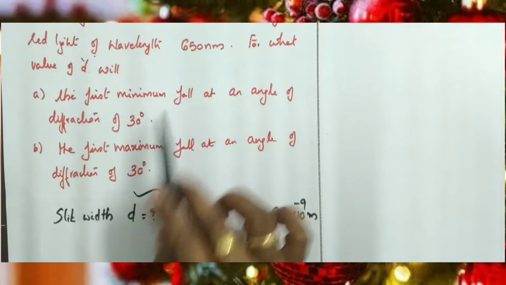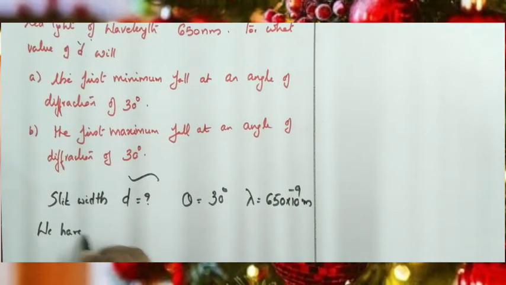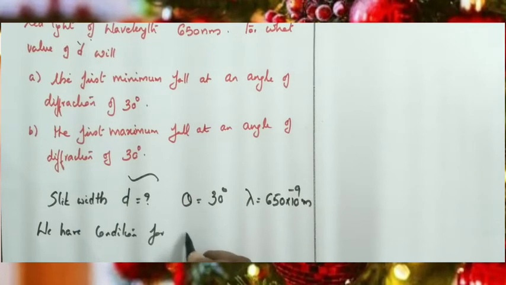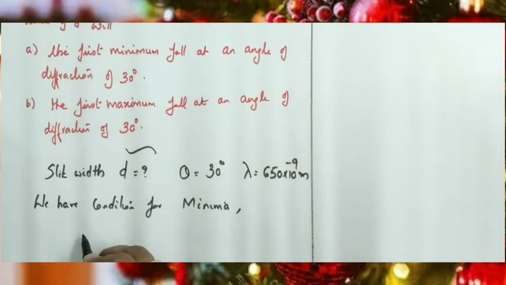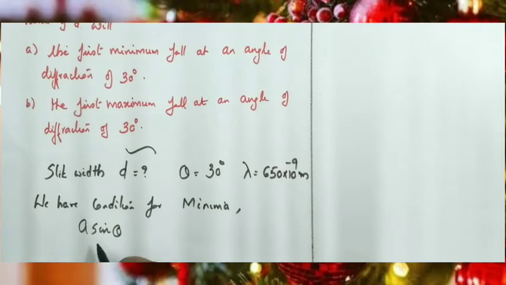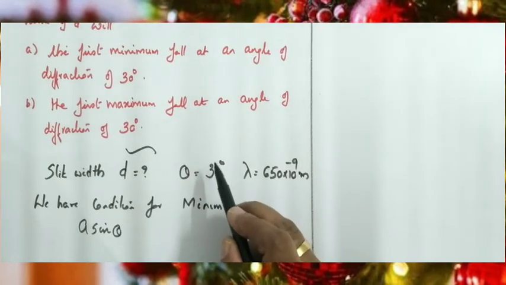Now, first minimum, we have the condition for minima. The condition for minima is path difference. What is the path difference? Path difference is A sin theta. If theta is very small, we can take A sin theta is approximately equal to A theta. But here theta is given as 30 degree.